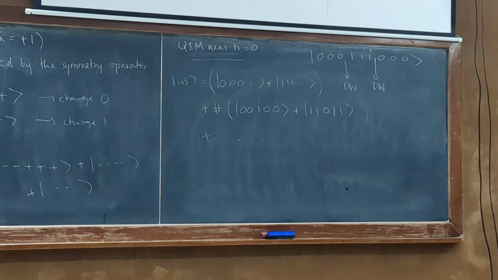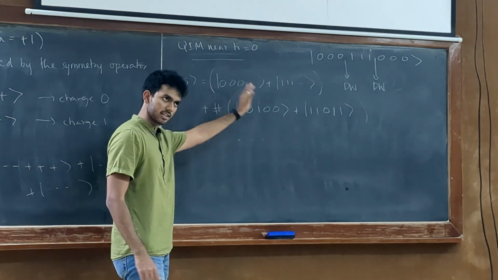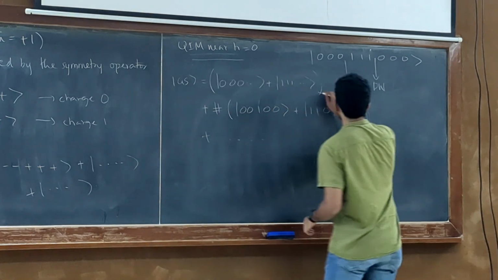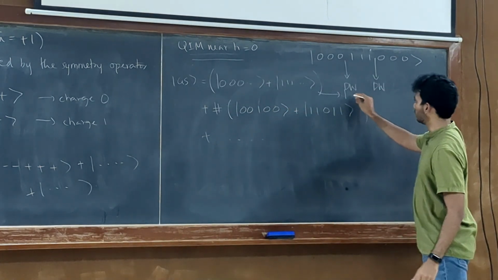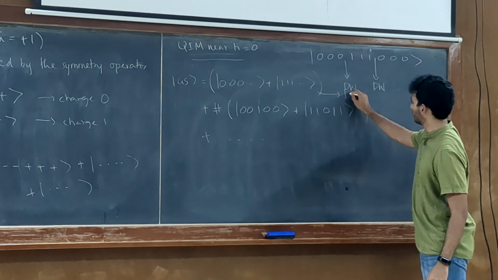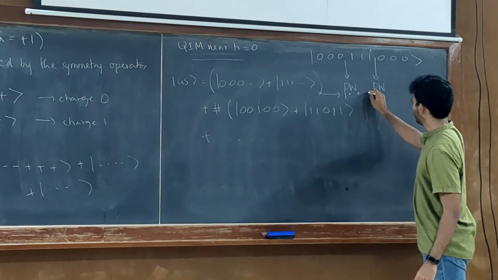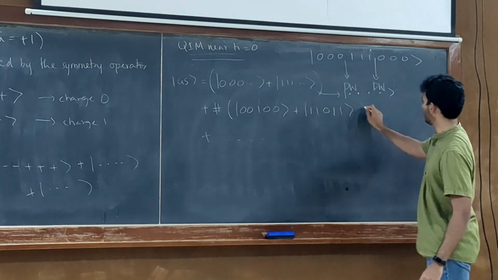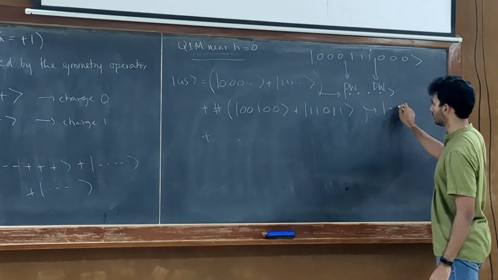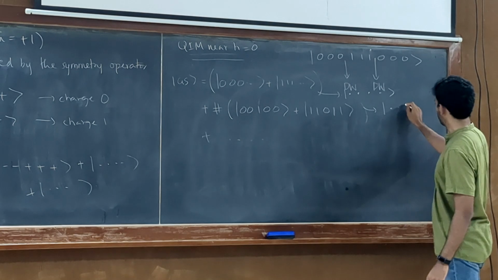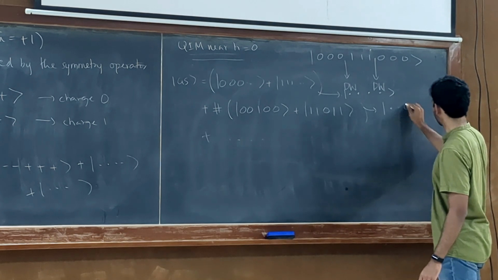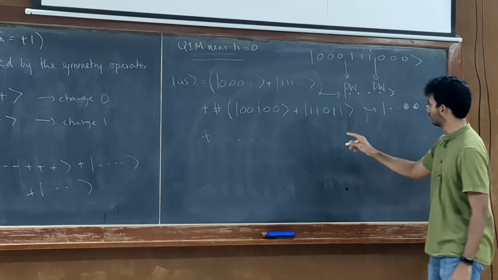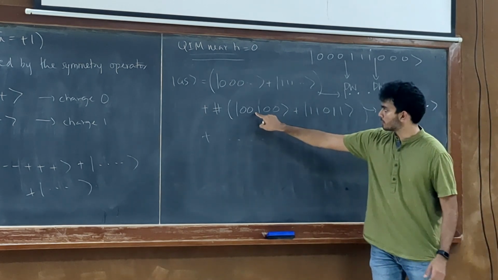So here, instead of thinking of the spins themselves, let's think in terms of domain walls. Here it's like there are no domain walls. So maybe I'll use a dot for lack of a domain wall. And here there are domain walls, between the second and third.